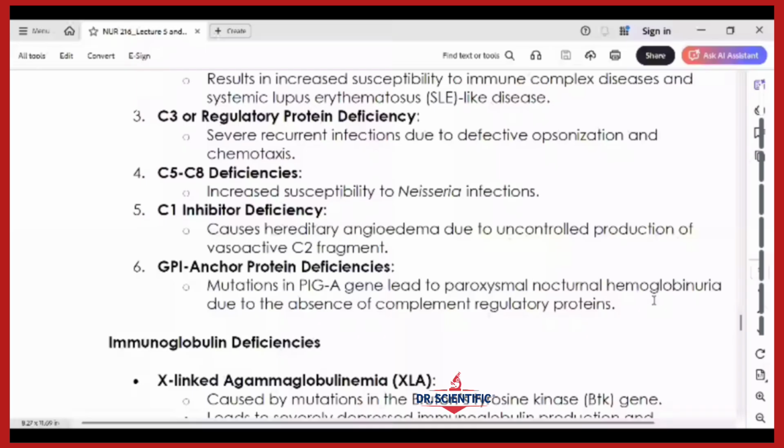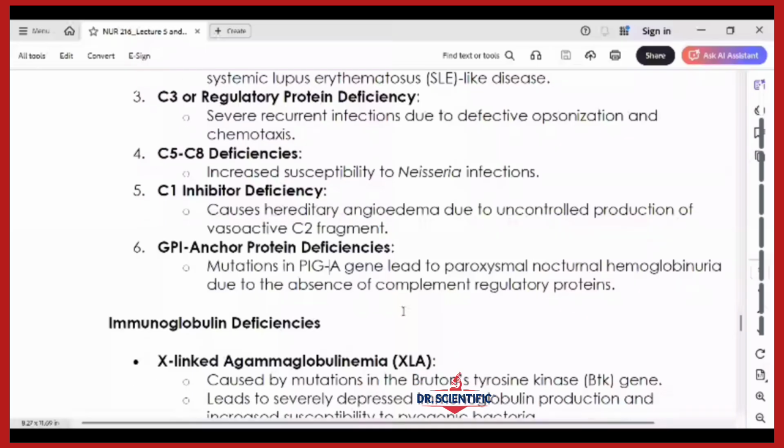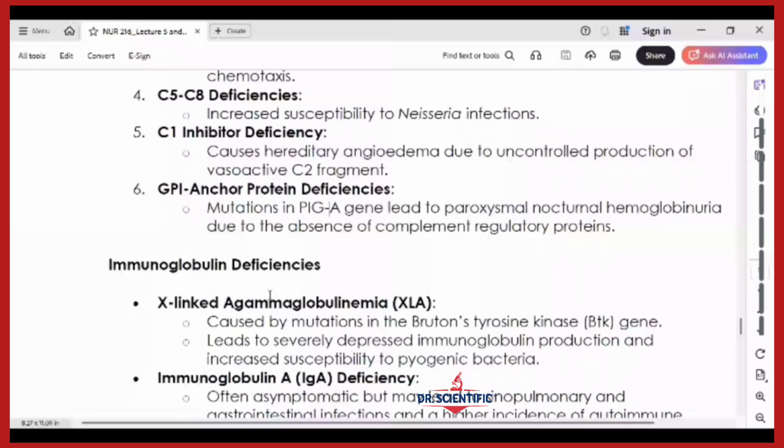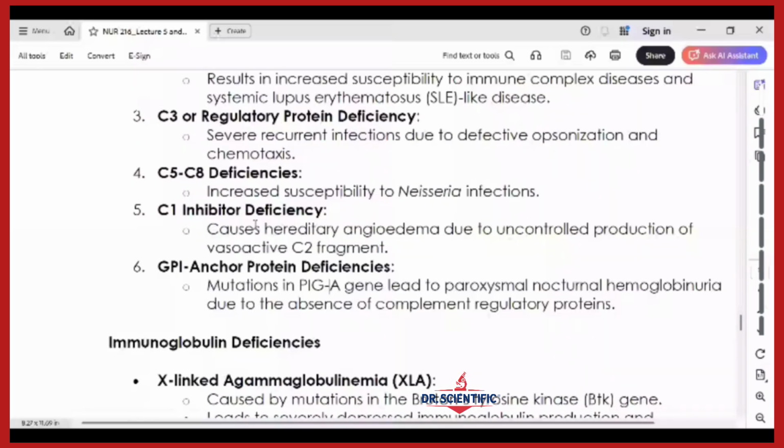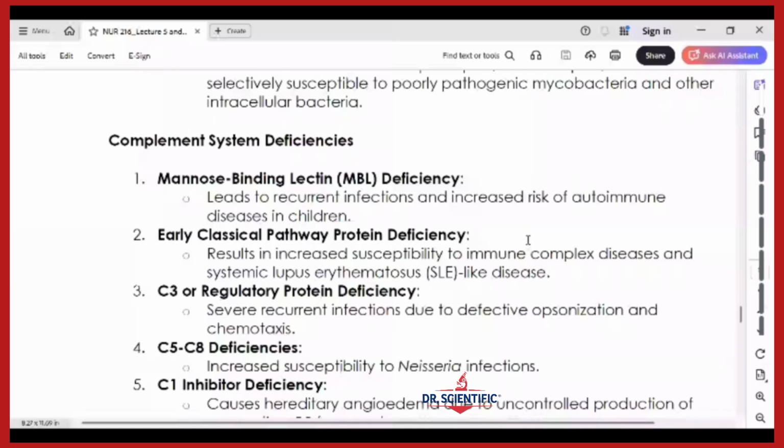It's a dangerous condition also, resulting from, of course, GPI anchor protein deficiency, especially in the activation of complement. They play a key role in complement activation. So those are deficiencies that are resulting from complement issues.